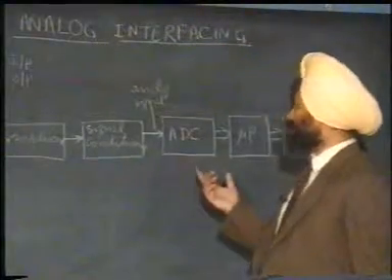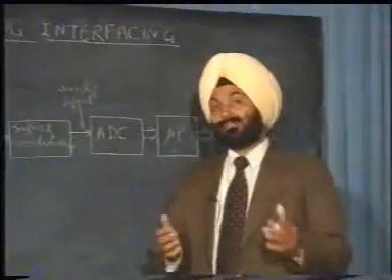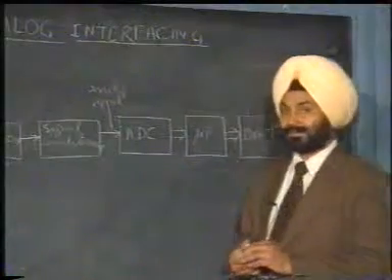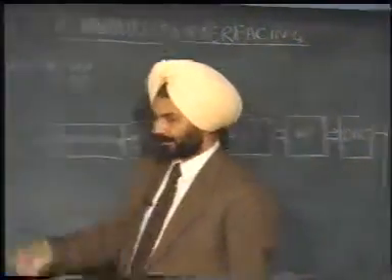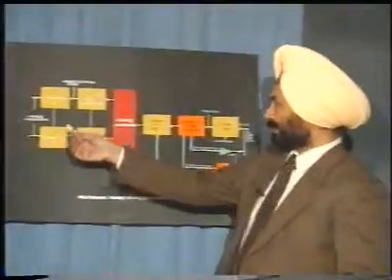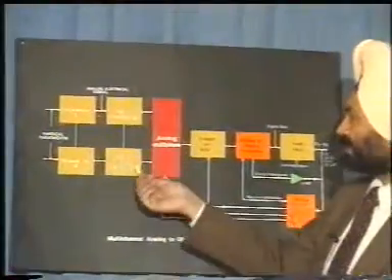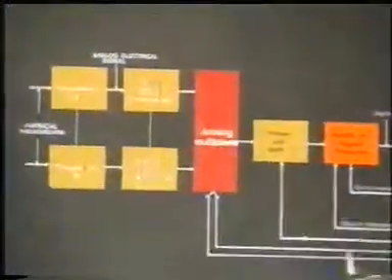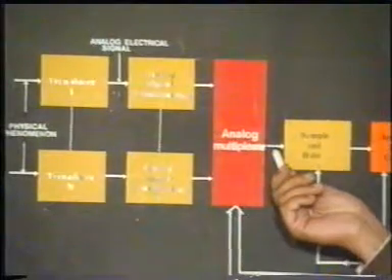Now we know that the microprocessor based systems are quite powerful. They can accept the signals from many sources, not only one but many, like we can see from this diagram. After this transformation and conditioning, they can be multiplexed through an analog multiplexer onto a single line.